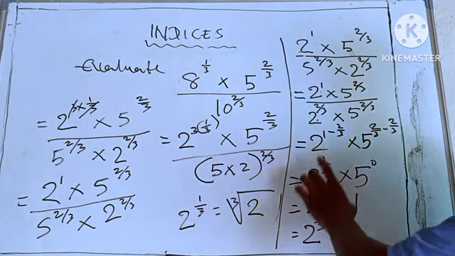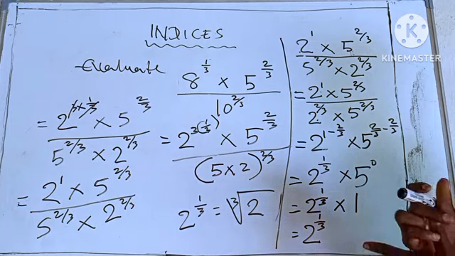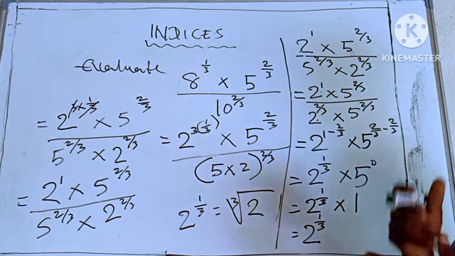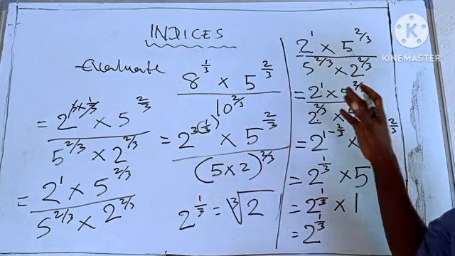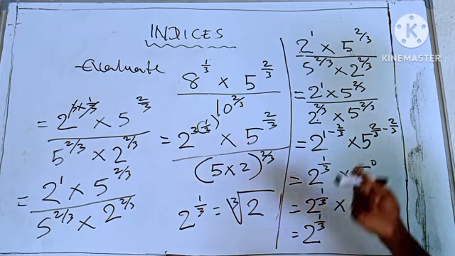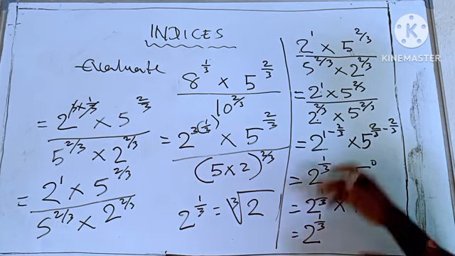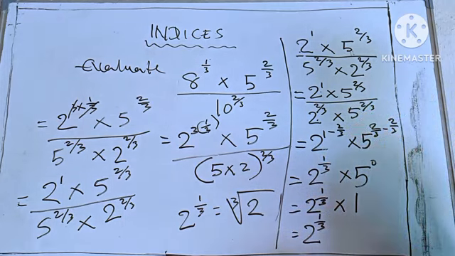You can see that when we are solving, I've been applying the laws of indices, right? So this is how you are applying these laws. So those laws are very important. You have to understand them before you can solve complex questions. So please take note. So make sure you keep practicing every day. The more you keep practicing, the more these things will be entering your head. So take note.